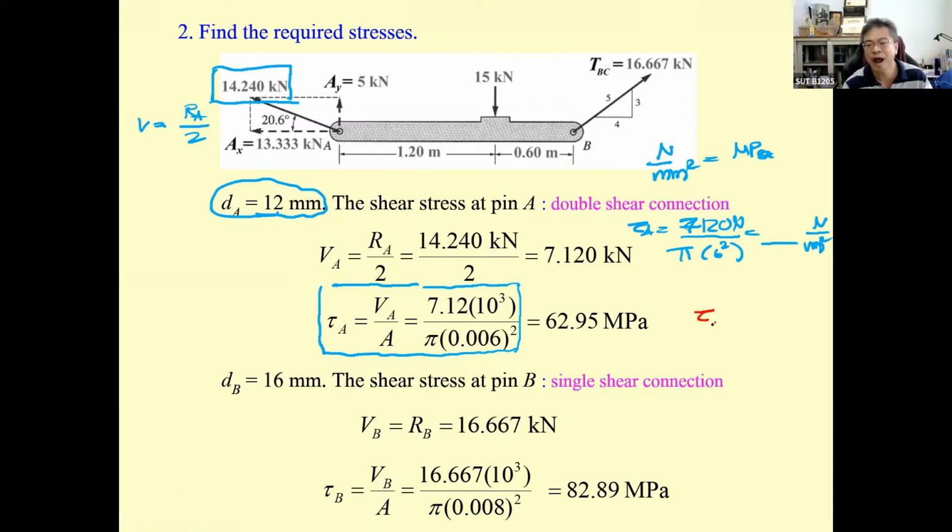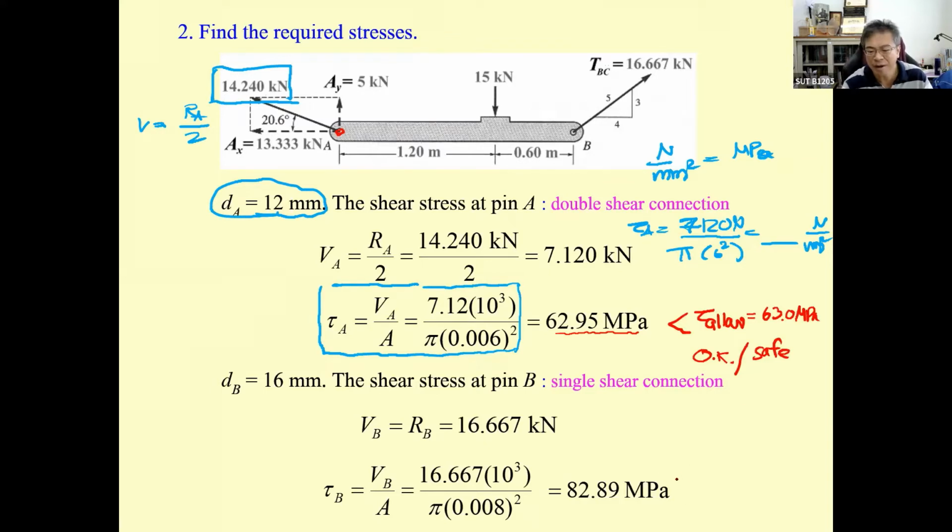If you have the tau allowable of 63.0 megapascal, the stress that occurs at A is less than tau allowable. So this pin is going to be okay, or it's going to be safe.